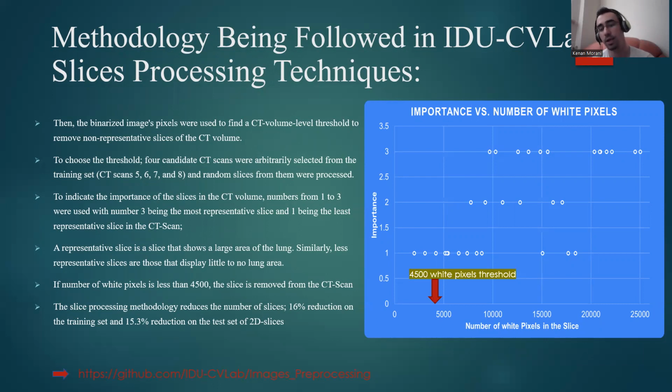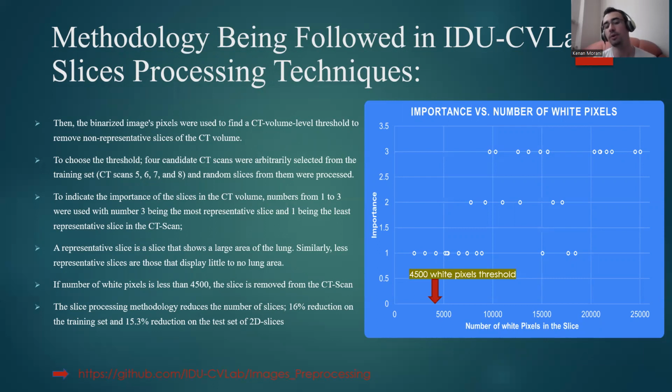Basically 3 is very important. It has this dark area that shows you the COVID cases or the COVID issue in the CT image. But if it's a level 1 or level 2, probably level 1, you want to remove these slices. So you can tell that if you choose a flexible threshold, you can remove those slices that have less than 4,500 white pixels in them.